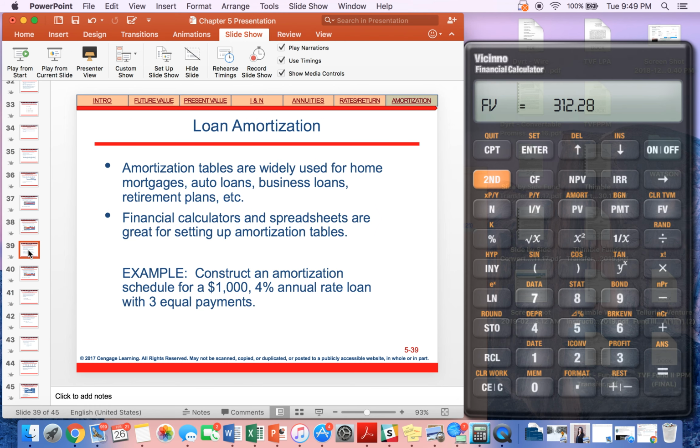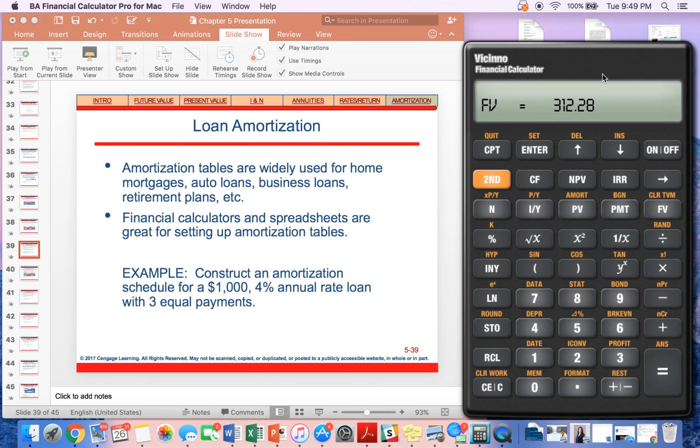Okay. The very last piece I want to talk to you about is loan amortization. You might hear about an amortization schedule in banking, or about your student loans or a car loan. When you buy a car, you have one payment, right?